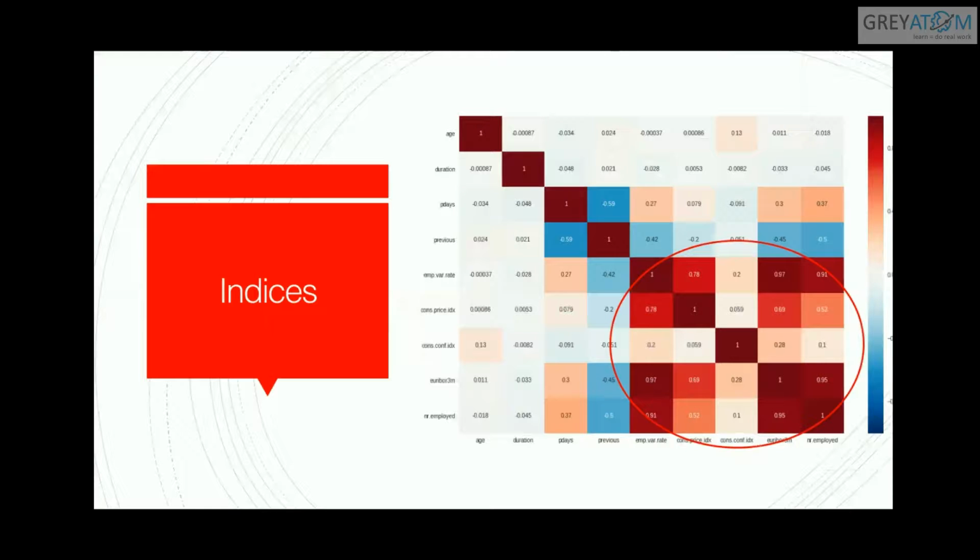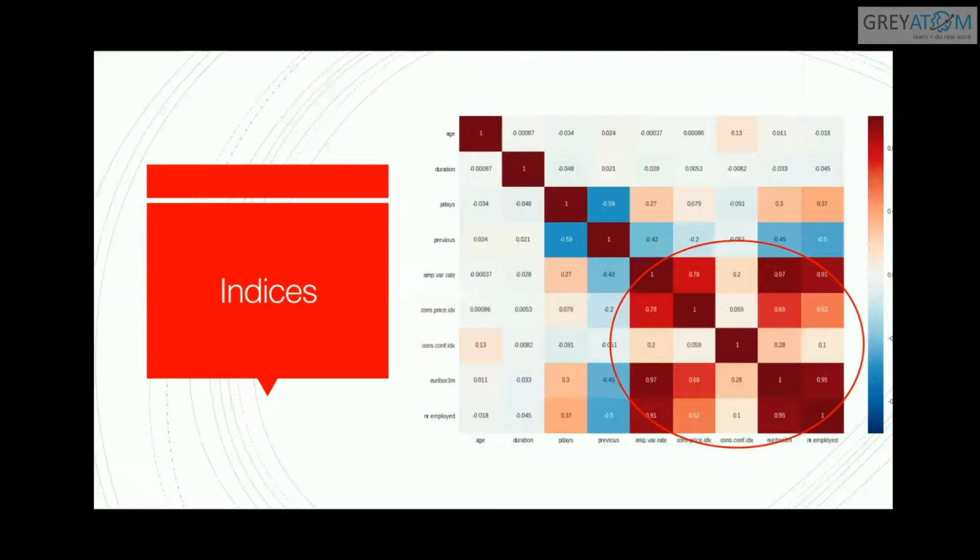When we checked the correlation between the variables, we found certain numerical variables that were highly correlated. So while feeding them into the model, we thought we had to merge them together, and we will come across this again during the model explanation. The highly correlated features were employee variation rate, consumer price index and consumer confidence index.